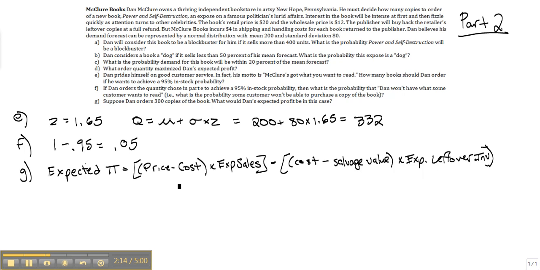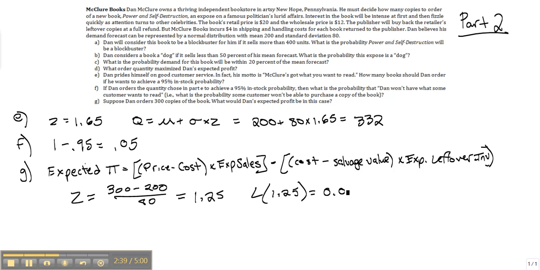So first we'll solve for expected lost sales. Knowing that we have ordered 300 copies, we first need to calculate the z-statistic, which will be 300 minus 200 all over 80. And that's equal to 1.25. Using the standard normal loss function table, we see that the L of 1.25 is equal to 0.0506.